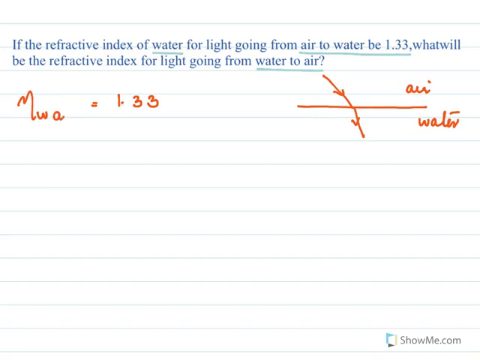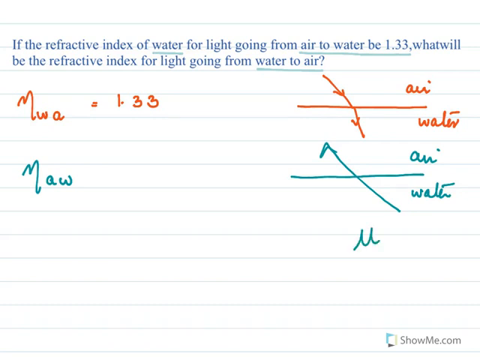Now here in the next they are asking you what is the refractive index of air with respect to water, which means now the light is traveling in the opposite direction from water to air. And when the light travels from water to air, you will get the refractive index of air with respect to water.